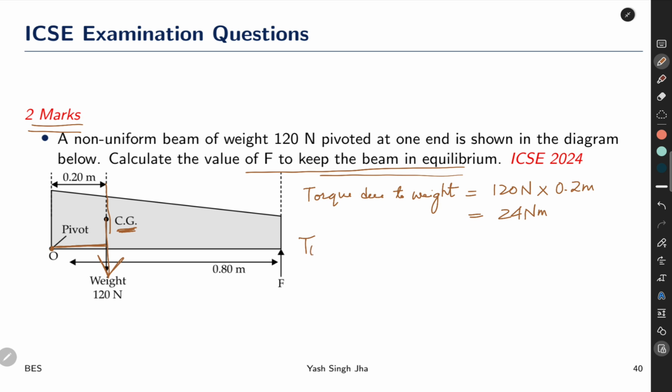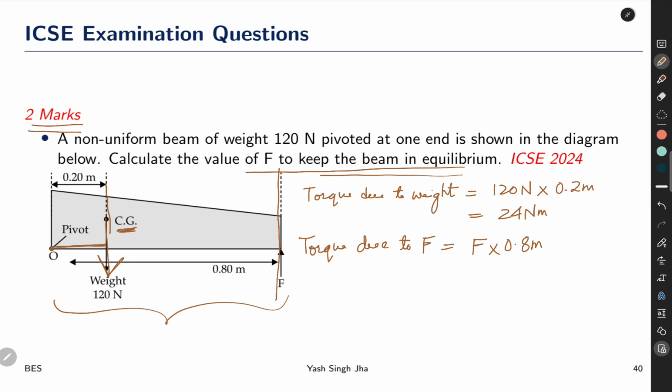The torque due to F turns out to be the force F times the distance between the line of action of force and the axis of rotation, which is 0.8 meters. One more thing to note is the direction of torque.